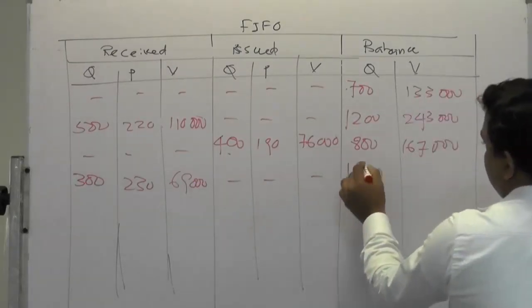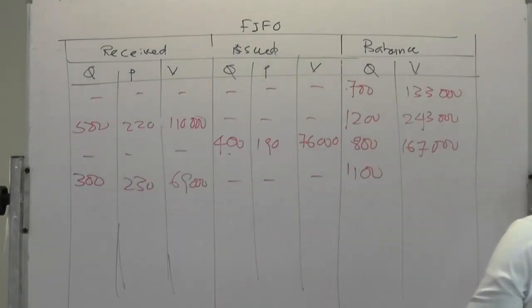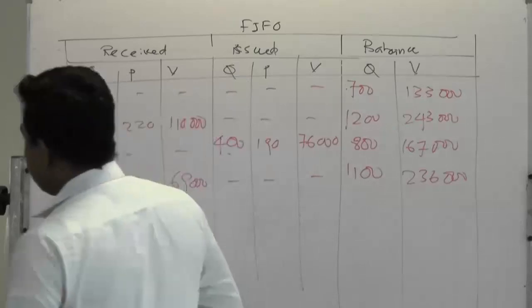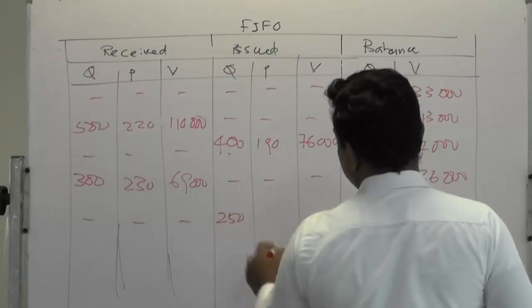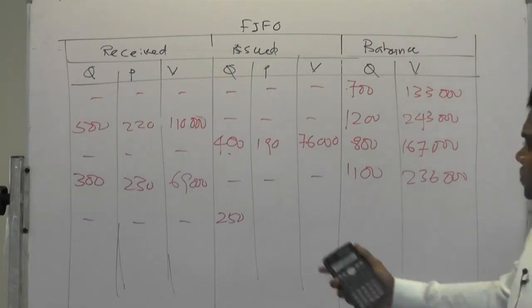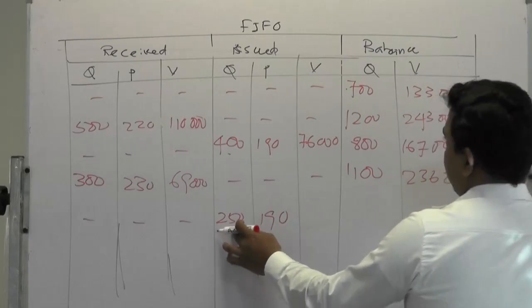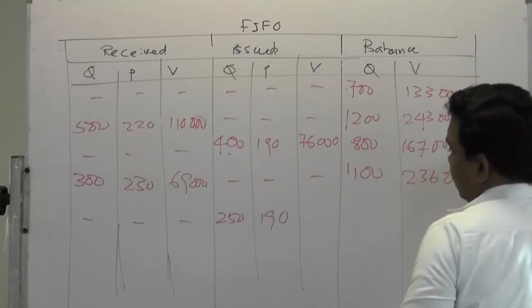Now you have 1100 quantity, 300 and 800, 1100, value will be 167,000 plus 69,000, 236,000. Now finally what happened? They have sold again 250 units. You need to issue the cost. Here still you have 300 units. Since you have issued only 400, that 300, therefore 250 you can issue out of this 700, because you have remaining 300, right?